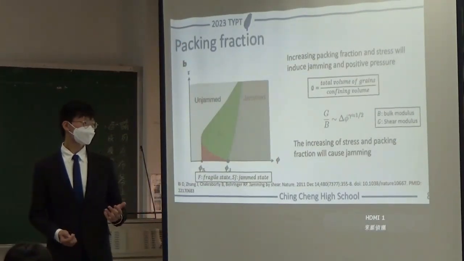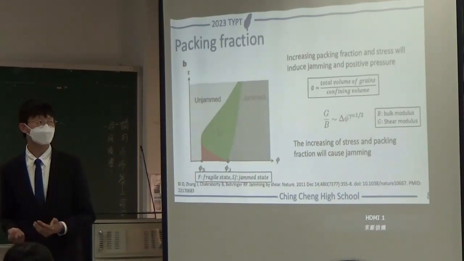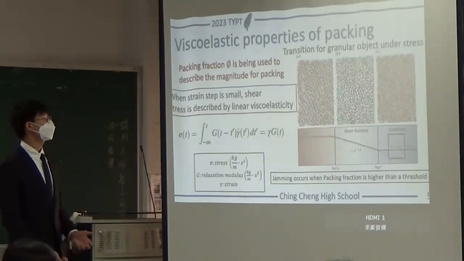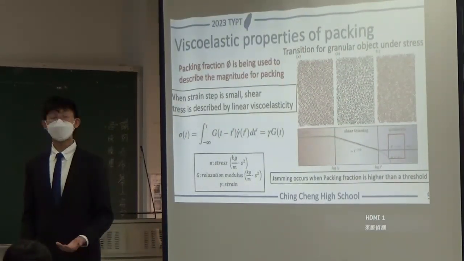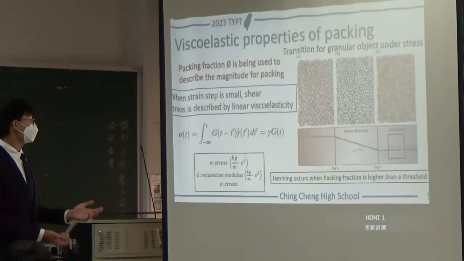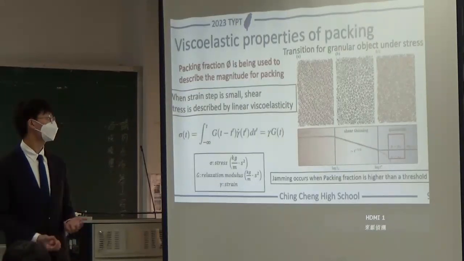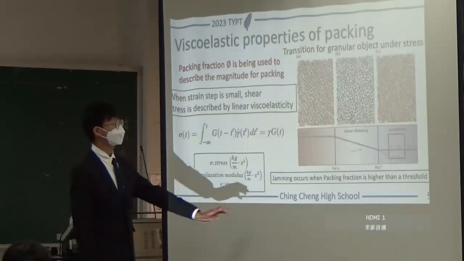The increasing of stress and packing fraction will cause the jamming of the granular material. And here, we are going to talk about viscoelastic properties of the packing. And the packing fraction, V, is being used to describe the magnitude for the packing. And you can see the diagram here.